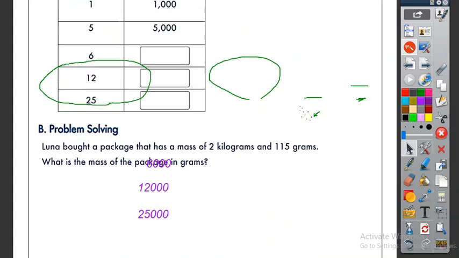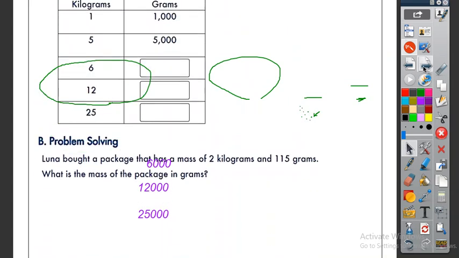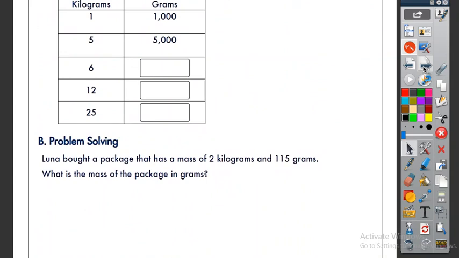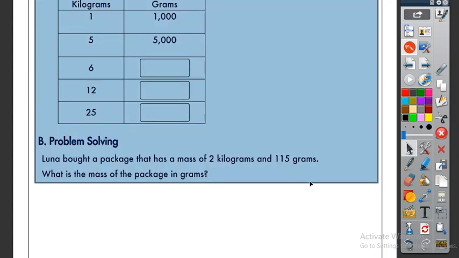Here also we have Luna bought a package that has a mass of 2 kilograms and 115 grams. Okay, what is the mass of the package in grams?